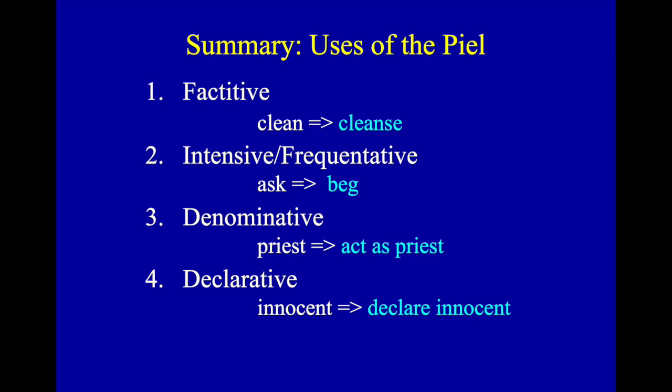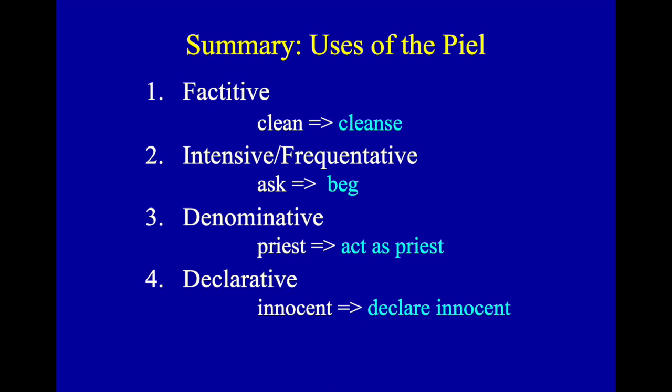Now, a good thing for you to know is that the Piel perfect or the Piel imperfect has the same prefixes and suffixes, or preformatives and subformatives, that you find in the Qal forms of this verb. All of the imperfects have the same beginnings. All of the perfects have the same endings in all of these different stems. So you don't have to relearn that.